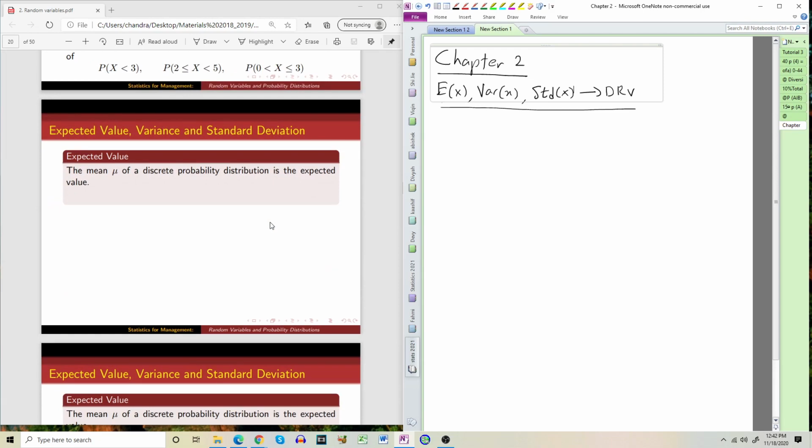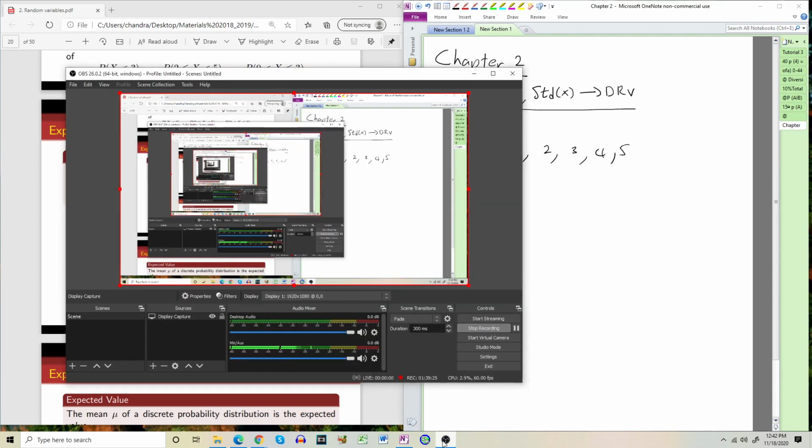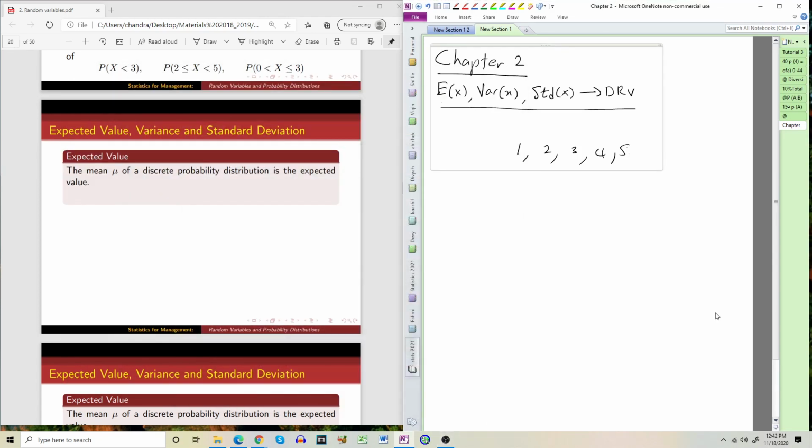Now we are going to find, normally if I give you some data 1, 2, 3, 4, 5, and ask you to find the mean, variance and standard deviation, you can do it with this data.